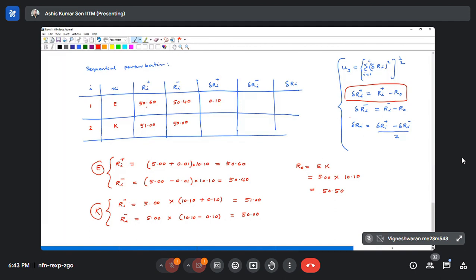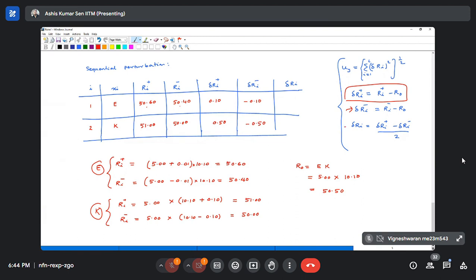Similarly, delta Ri minus here is 50.40 minus 50.50. That is minus 0.10. That is for E. For K, delta Ri plus is Ri plus, which is 51.00 minus 50.50, that is 0.50. Similarly, delta Ri minus is Ri minus, which is 50.00 minus 50.50, that is minus 0.50.